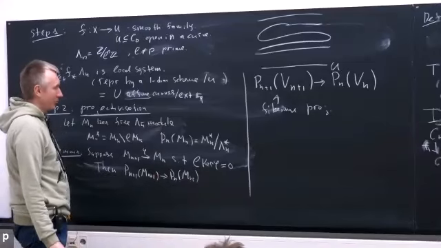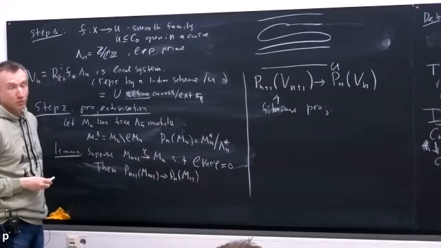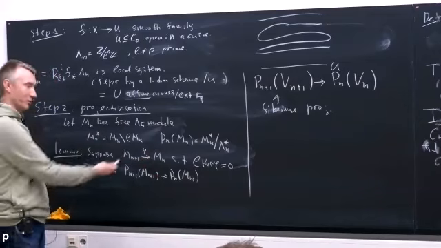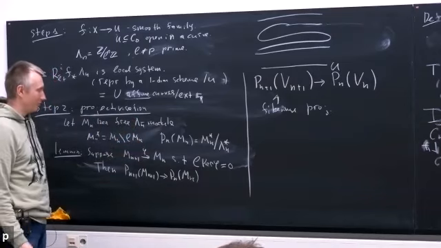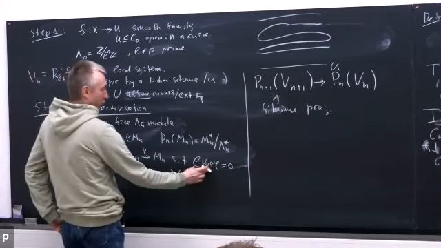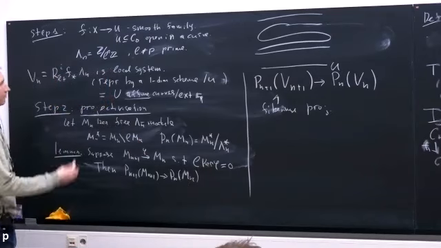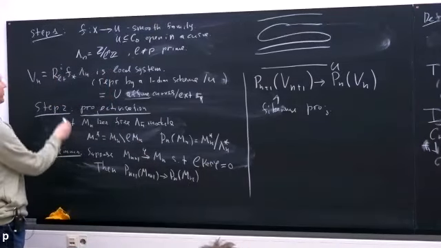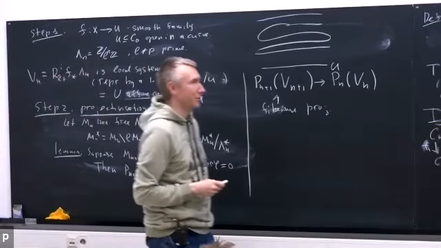For example, if n is 1, you can always take a zero map, and then there will be no map on the projectivizations. So kernels should be small. That's the point.